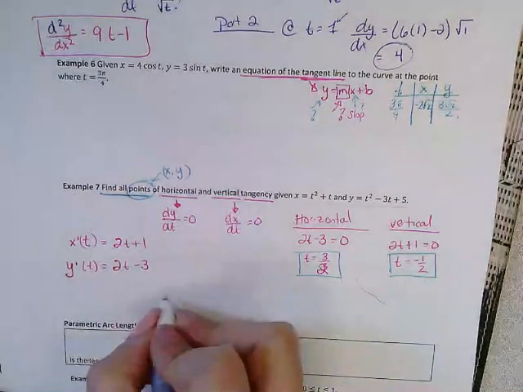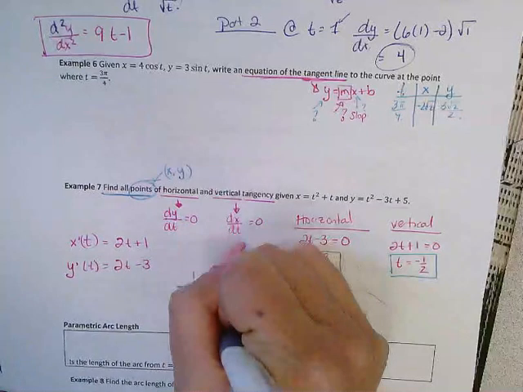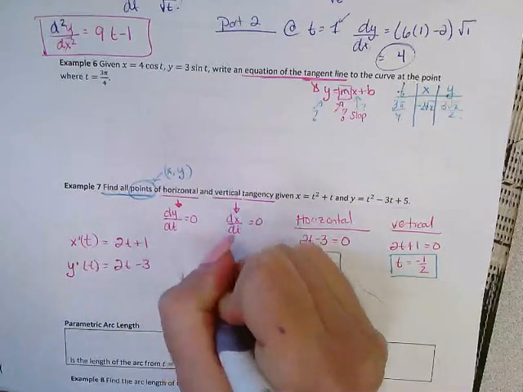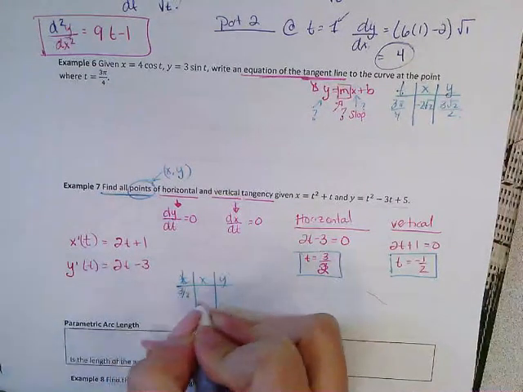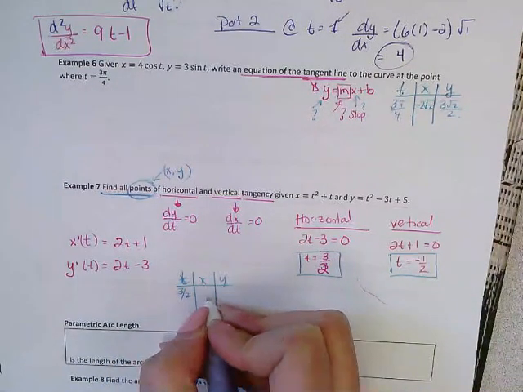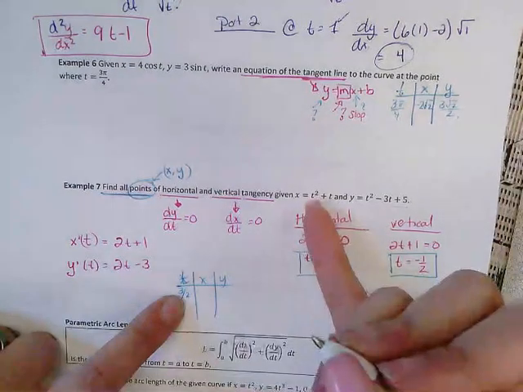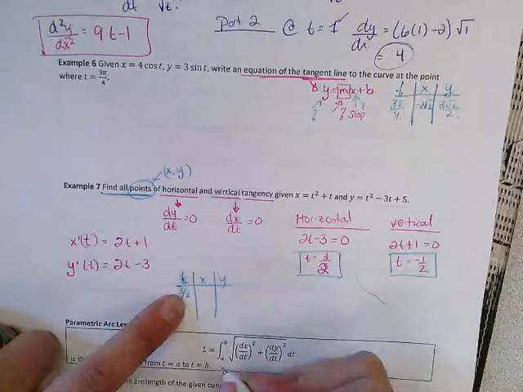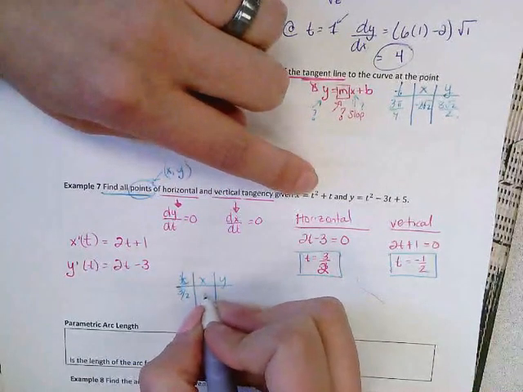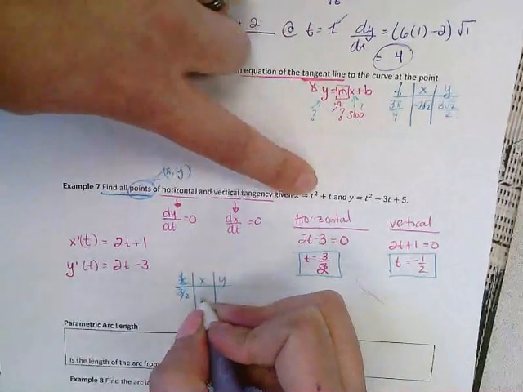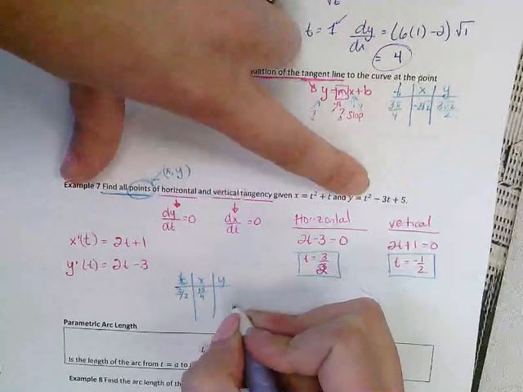So basically, I could make a table. And I'm going to ask myself, all right, when t is 3/2, what is x and y? So when t is 3/2, you plug in 3/2 into t, and you're going to get 3/2 squared, which is 9/4, plus 3/2, and that gives you 15/4. And what is your y?